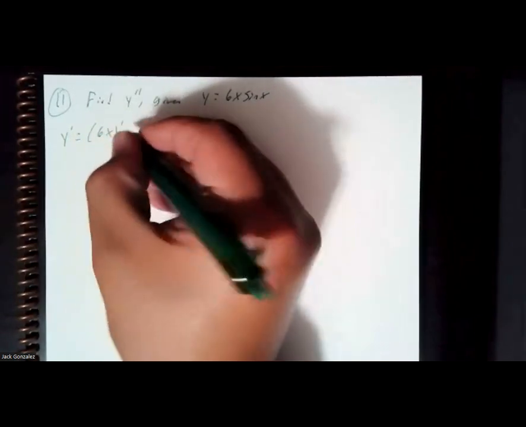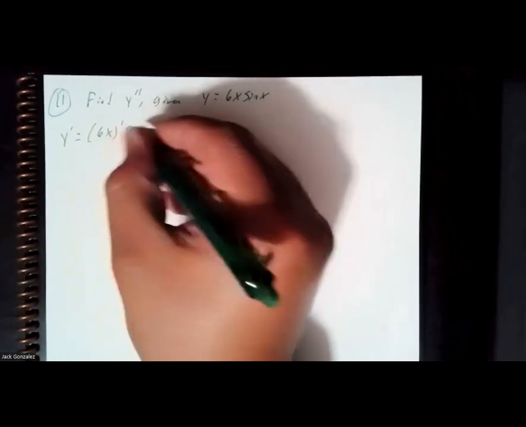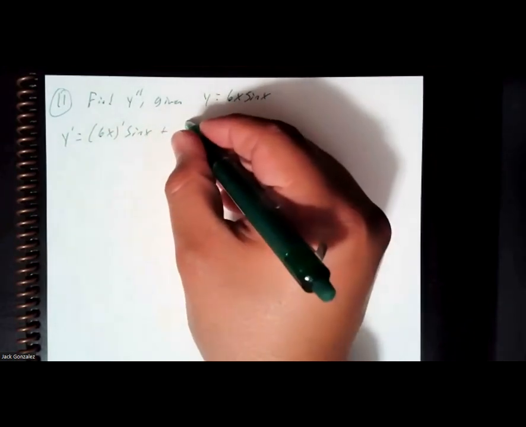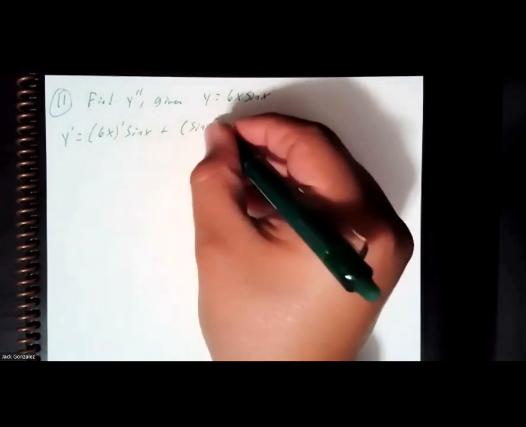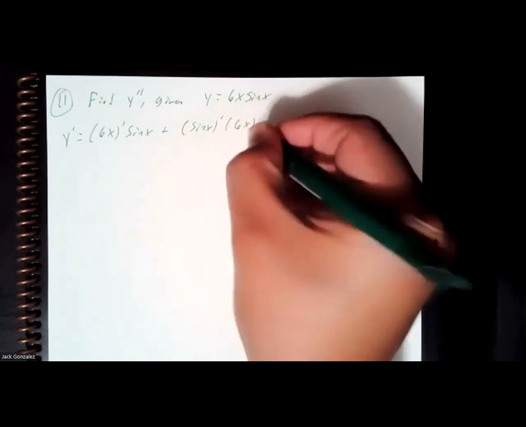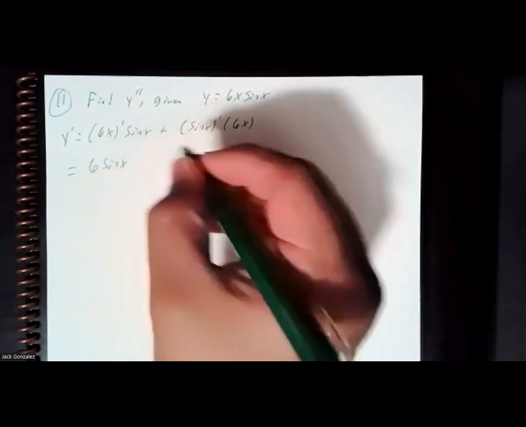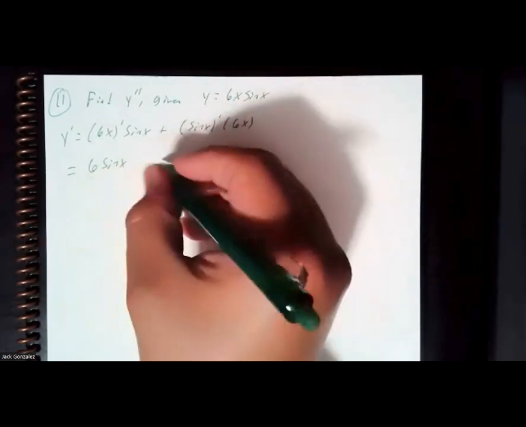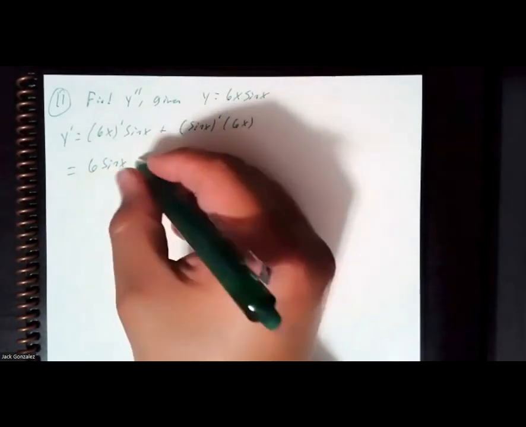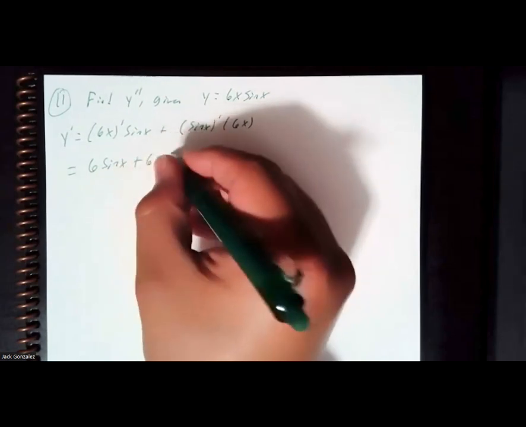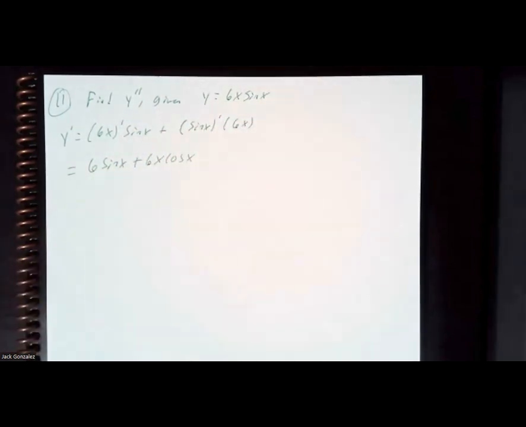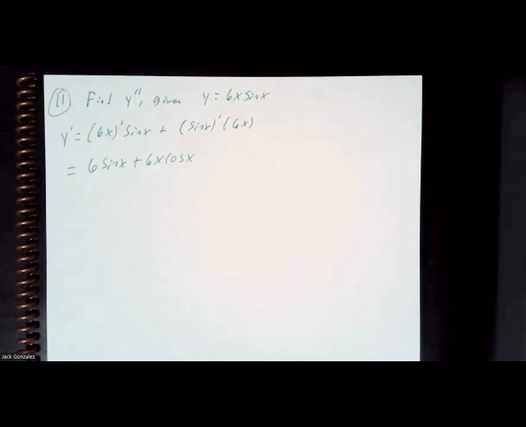So derivative of this guy times this guy plus derivative of this one times that one, which will be this, right? I think so.